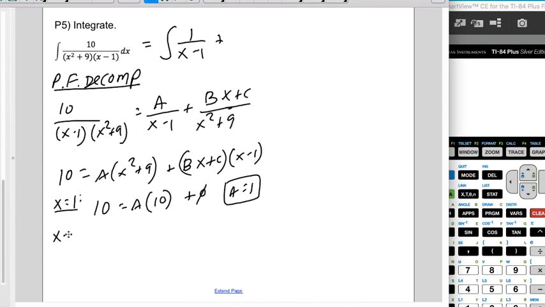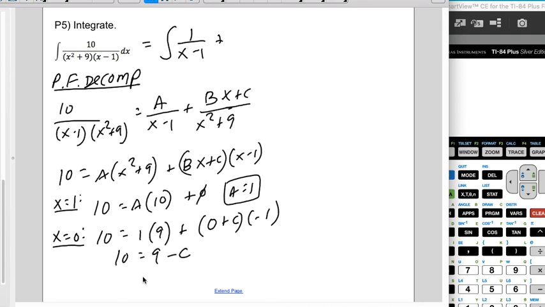If I plug in x is 0, that's going to knock out B and allow me to find C. So I'm going to get 10 equals A times 9 plus, this is going to be 0 plus C times a negative 1. So 10 equals 9 minus C. 1 equals negative C. C is negative 1. Cool. And then I can pick any easy x. I'm going to argue again that 2 is pretty easy, right?